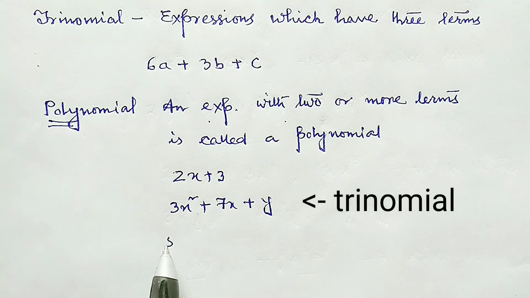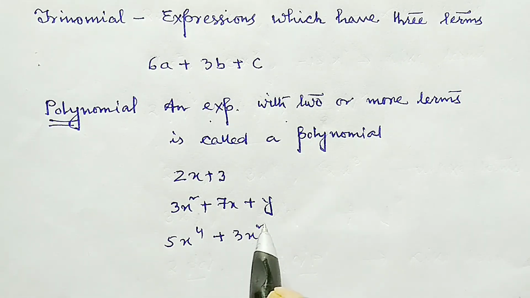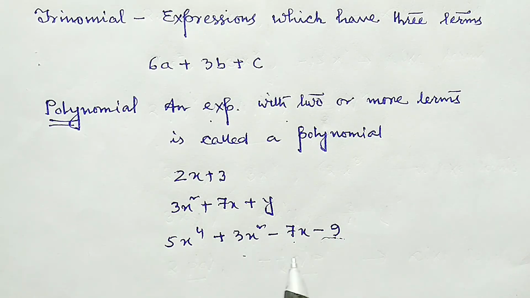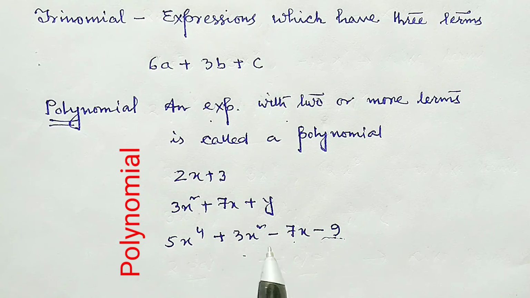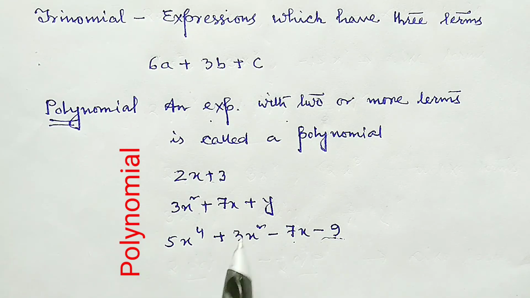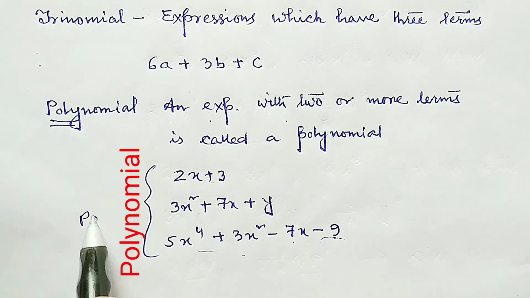If I write 5x to the power 4 plus 3x square minus 7x minus 9, here more than 2 terms are there, so this is a polynomial. So even binomials are polynomials, trinomials are polynomials, and this one is also a polynomial, so all are polynomials.